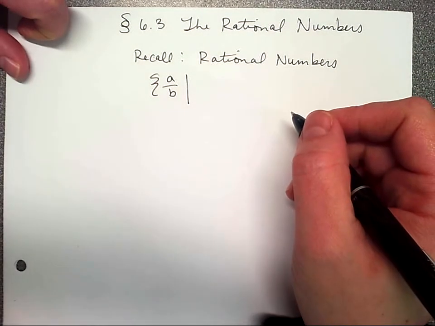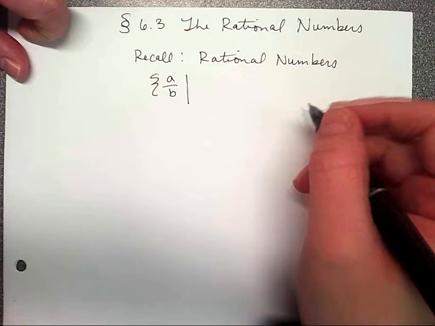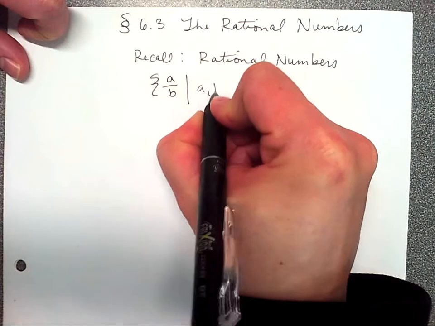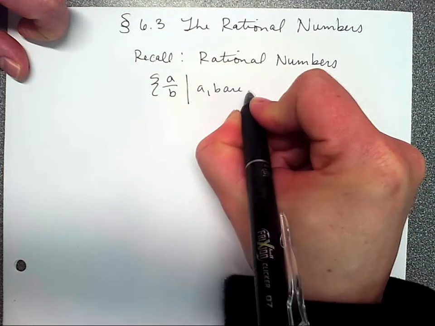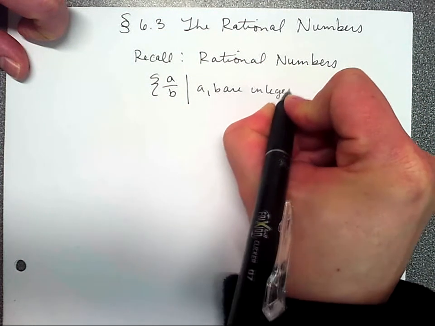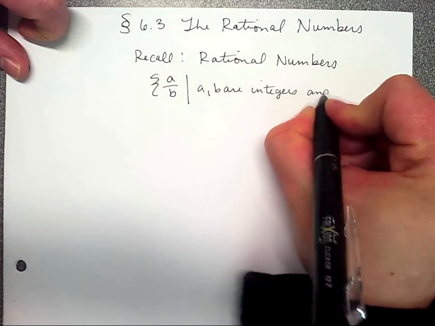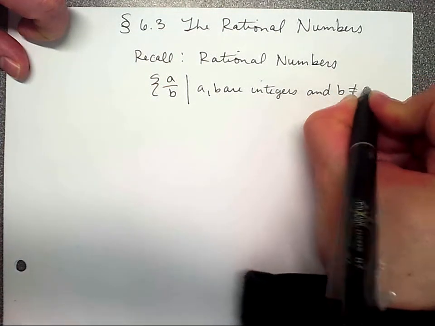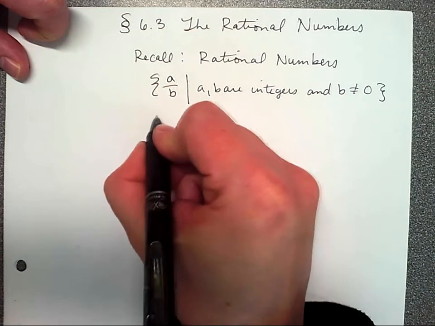Such that a and b are integers and b cannot equal 0. Good. a and b are integers, and b does not equal 0. I can never have 0 in the denominator, right?